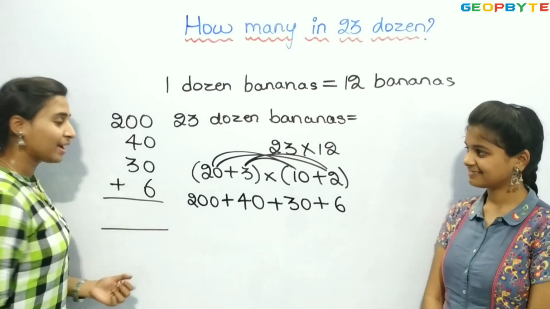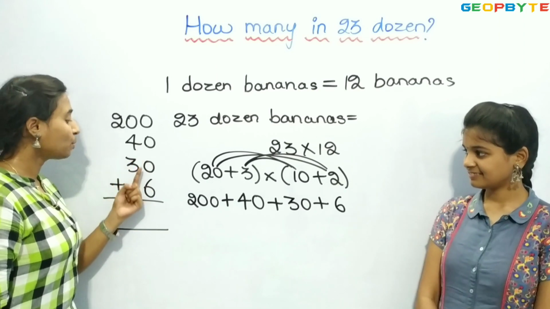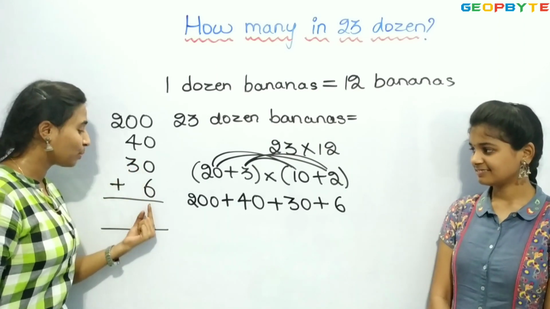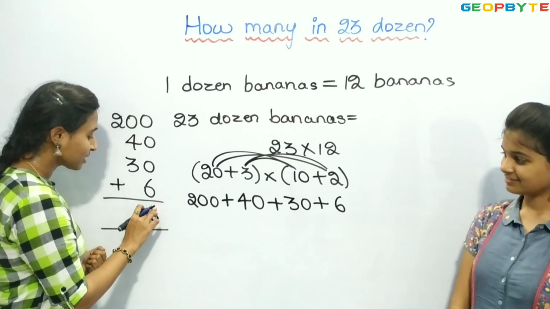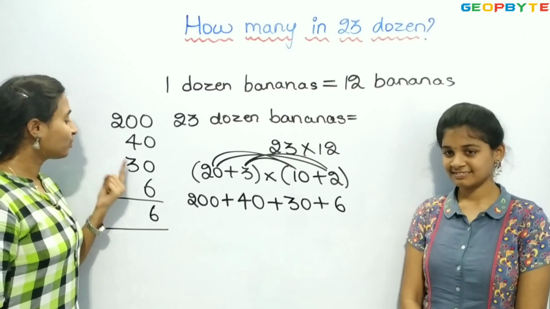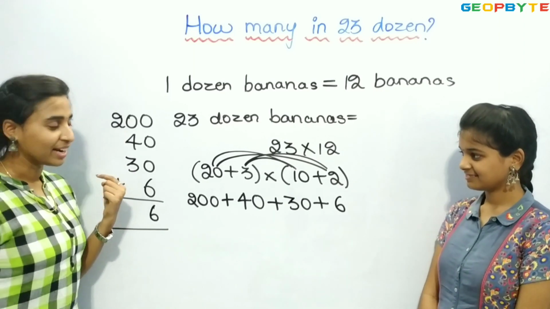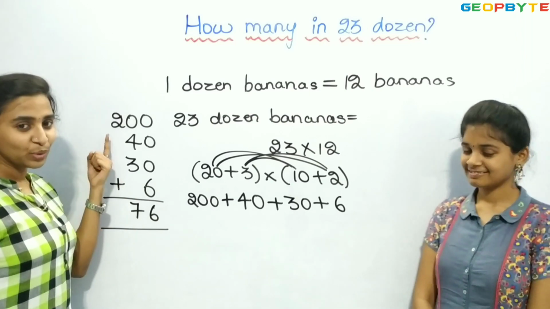Now children, let us add. We have 0 plus 0, 0, 0 plus 0, 0, 0 plus 6, 6. Let us write 6. And here we have 0 plus 4, 4, 4 plus 3, 7. Let us write 7. And here we have 2 directly.